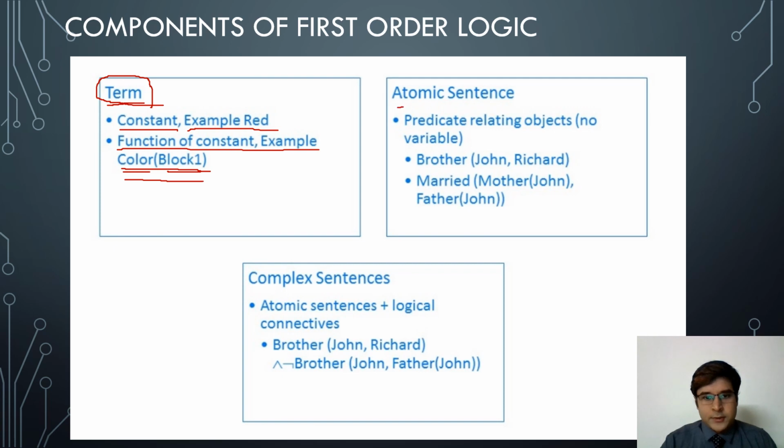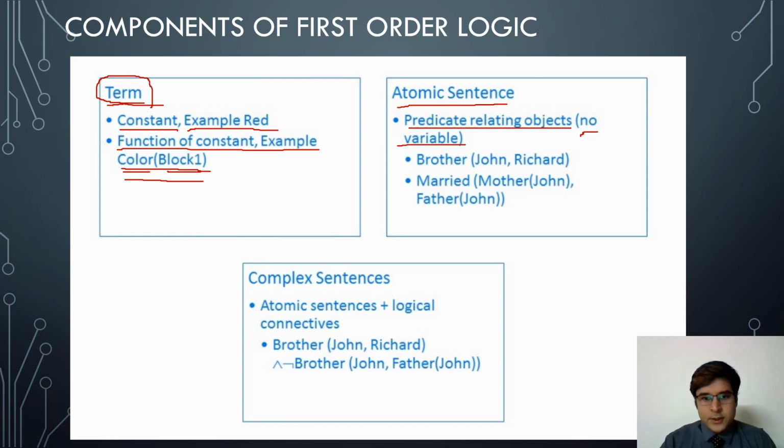Next we have the atomic sentence. Atomic sentences are predicates relating objects. No variable is included in these atomic sentences.